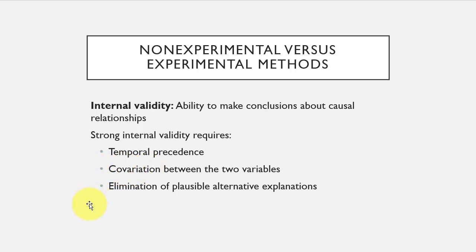Then the last is that we want to make sure that there aren't any alternative explanations for what we found. There's a pretty common example of alternative explanations that you've probably heard before: crime and ice cream sales increase in the summertime. So is there a relationship between them? Probably not. I don't think that people who are getting ice cream are driven to commit crimes, and people who commit crimes probably aren't rushing out to get ice cream.